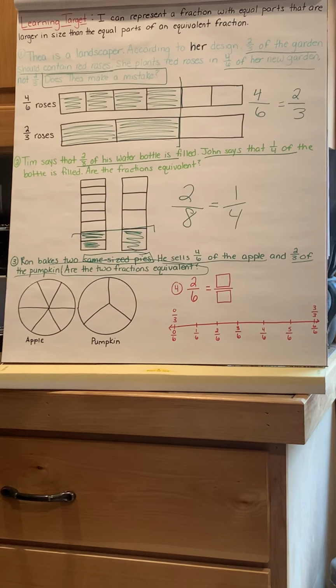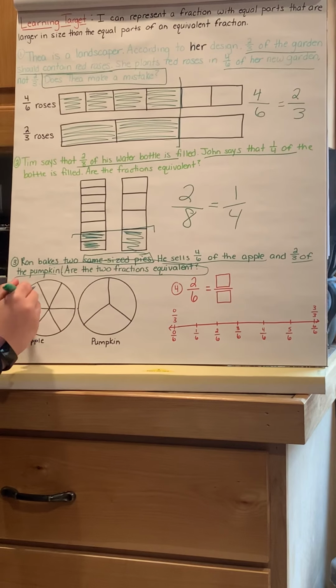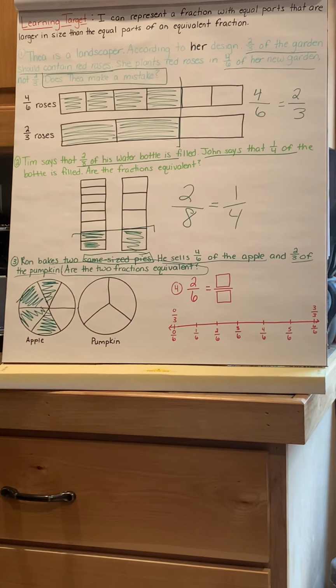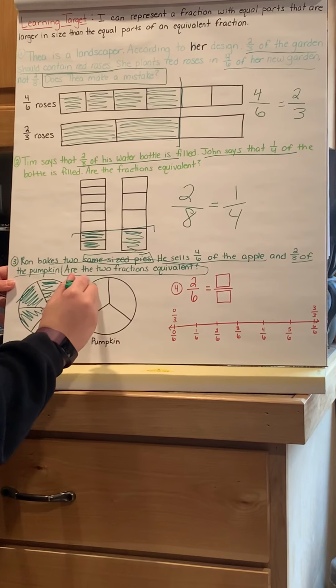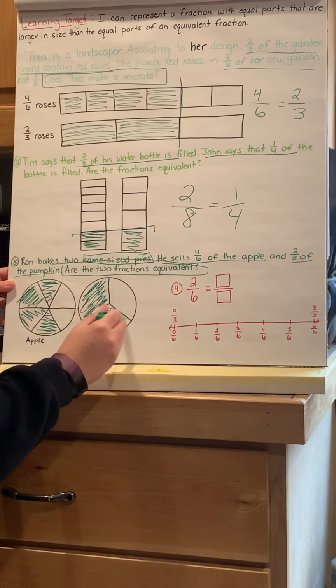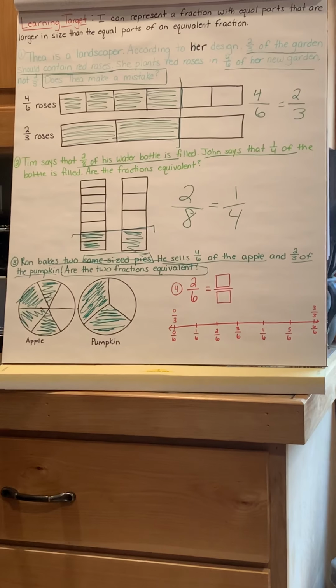So for the apple, he sold 4/6. So 1, 2, 3, 4. And then for the pumpkin, he sold 2/3. So 1, 2.